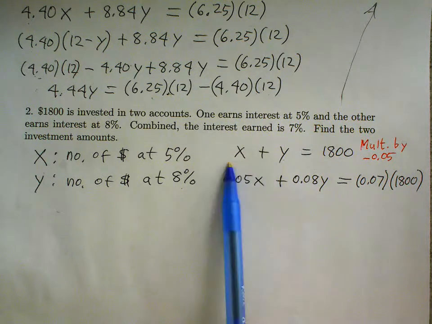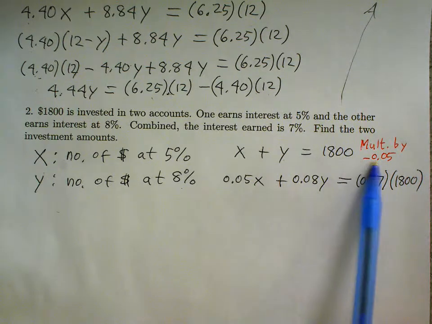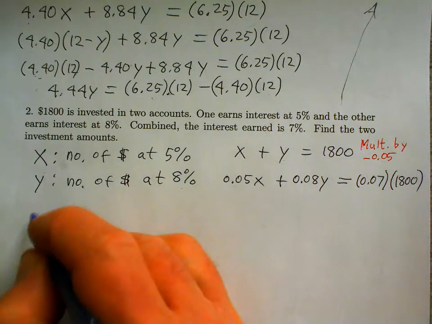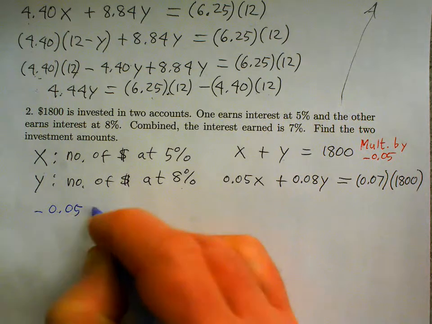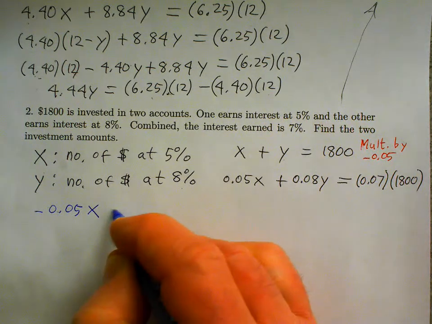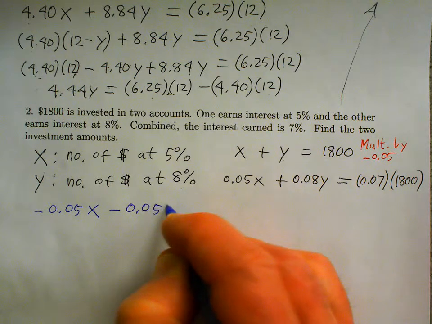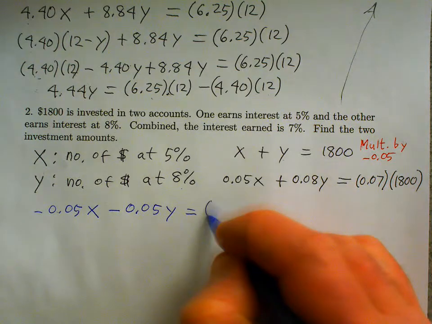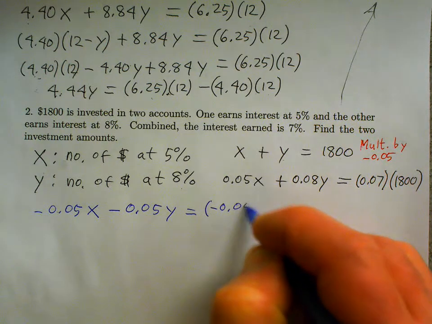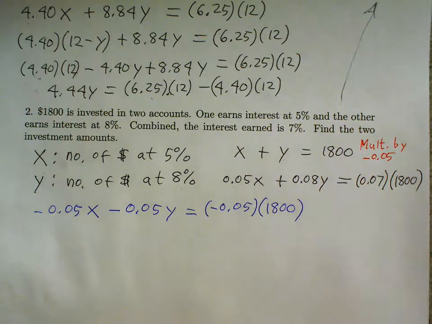When I multiply every term on both sides by negative 0.05, I get negative 0.05 times x, minus 0.05 times y equals negative 0.05 times 1,800.